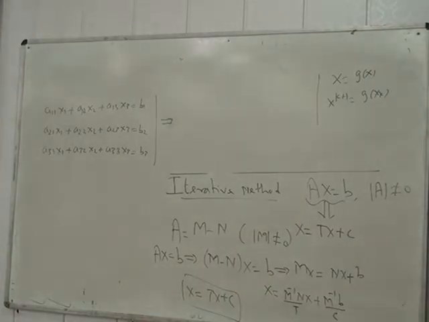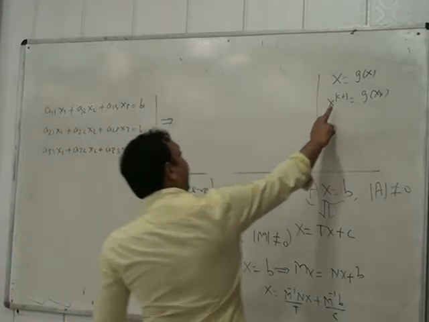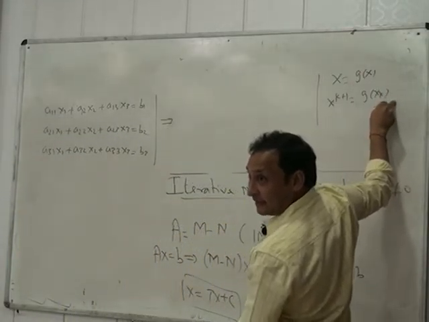Same idea I want here. So what is your x here? My x is a vector, x1, x2, x3. So you want to write x in terms of x_k.